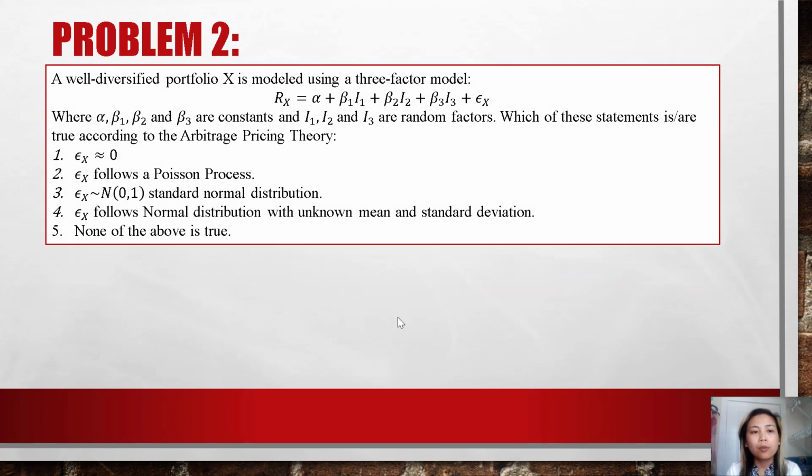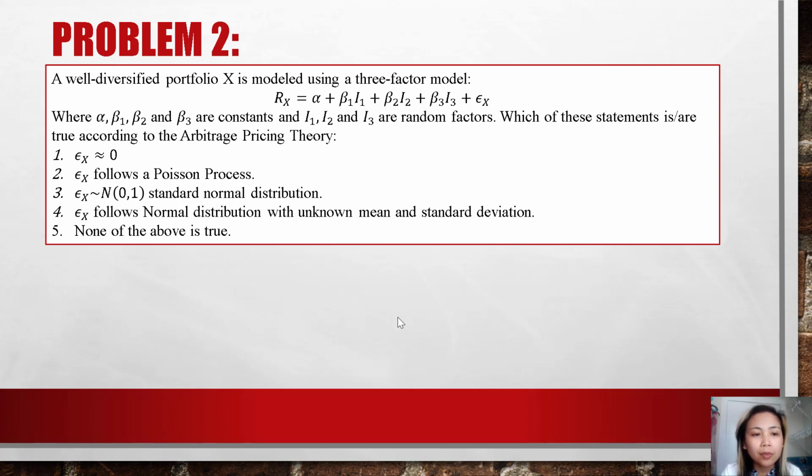Problem 2. A well-diversified portfolio X is modeled using a 3-factor model. Rx is equal to alpha plus beta1 I1 plus beta2 I2 plus beta3 I3 plus epsilon X, where alpha, beta1, beta2, beta3 are constants, and I1, I2, and I3 are random factors. Which of these statements are true according to the arbitrage pricing theory?